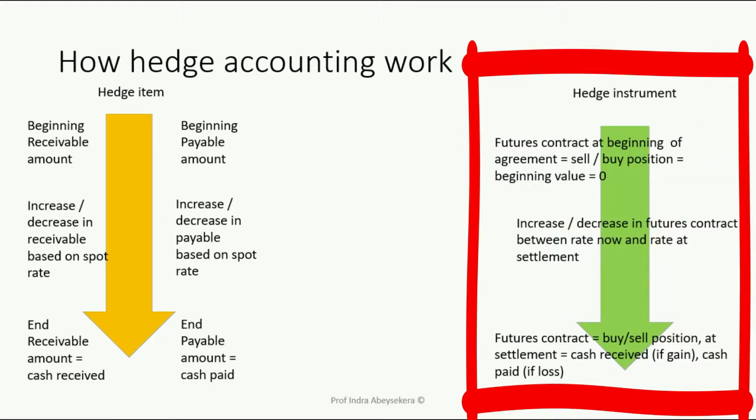But this contract value will change due to the futures contract rate now and at the settlement. So when the contract is entered into at a sell or buy position, the value of that settlement has been agreed upon at that time, at the time of entering into the contract, at a future date.